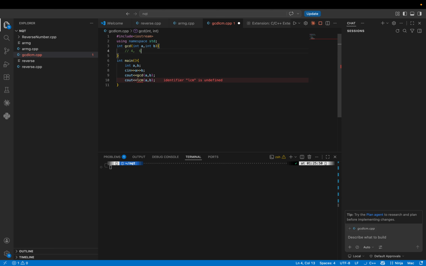GCD means greatest common divisor. Now the GCD of 4 and 6 is what? The greatest divisor of these is 2, of course. Okay.